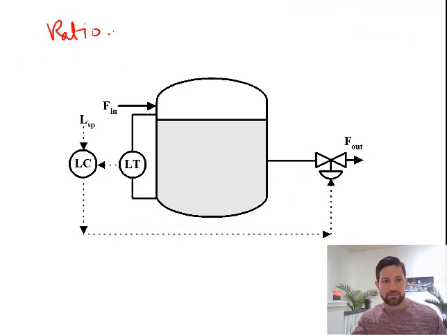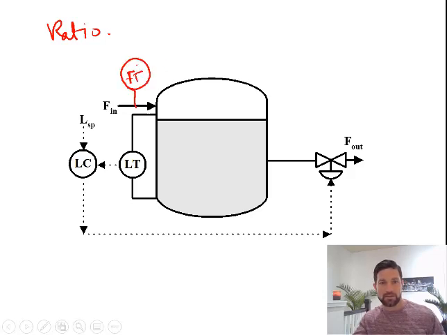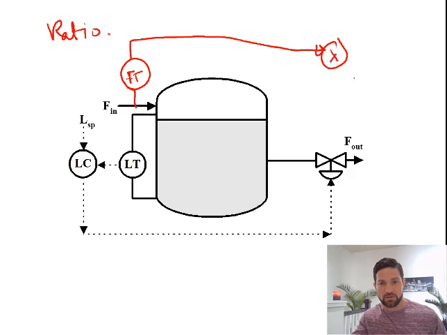Okay, this time we'll look at ratio control, and we said we'd have ratio control when the primary disturbance is the flow in. So if we have ratio control, again, same thing, we measure the disturbance. The disturbance is going to go to the ratio controller.